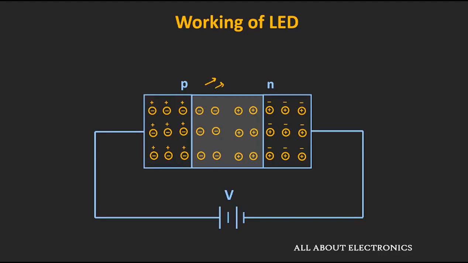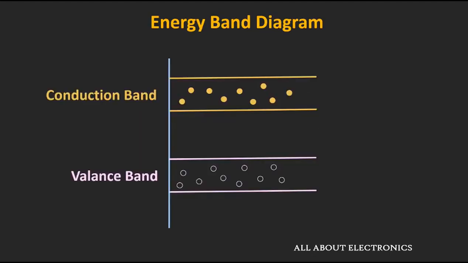So in the crystal structure, the free electrons have more energy than the electrons which are still in the valence orbit. We can say that the free electrons are in the conduction band and the holes, or the empty spaces left by the free electrons, are in the valence band. So whenever the electrons and holes recombine, the electrons from the conduction band come into the valence band.